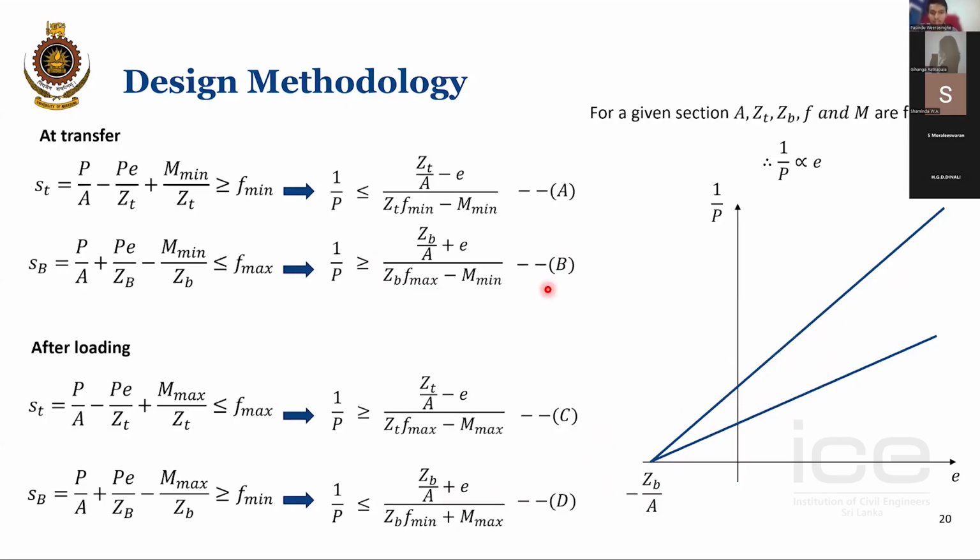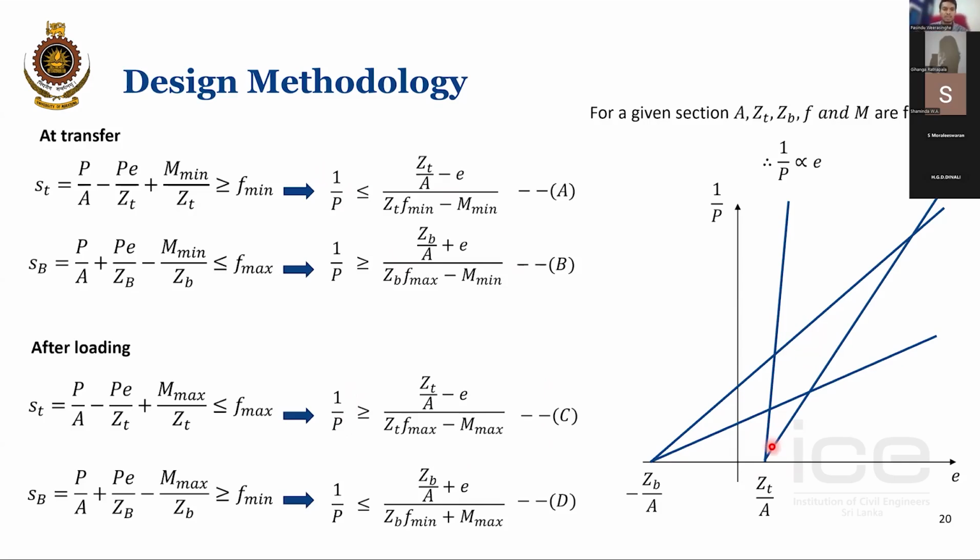And if you plot A and C, if you equate 1 over P to 0, you'll get e is equal to Zt over A. And here also 1 over P makes it 0, e will be Zt over A. This is where 1 over P is 0, the x-axis. So these A and C lines will start from there, and one is greater than, one is less than. So the region is in between these two lines.